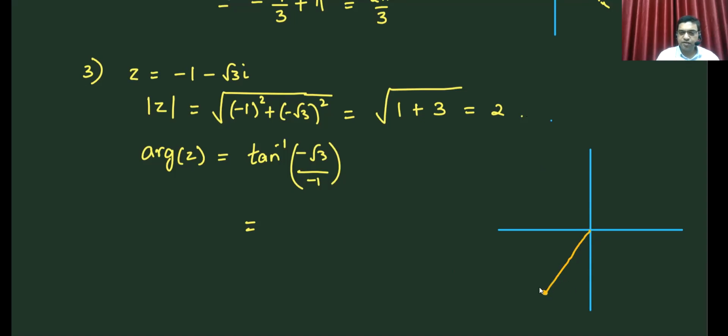This is the point -1 minus root 3i. Now, the principal value of the argument is between minus pi and pi. So this will be the angle, this will be the argument.